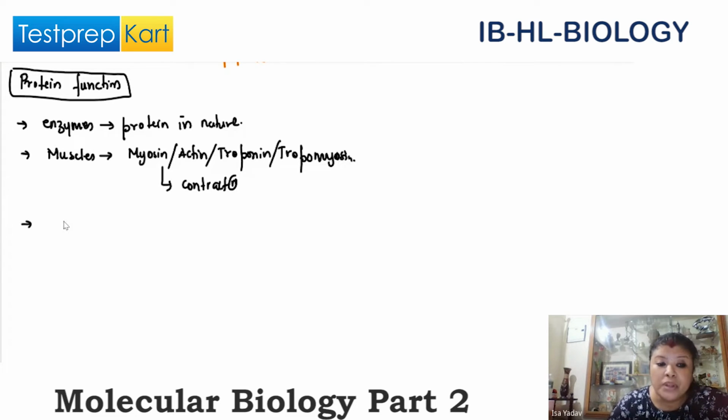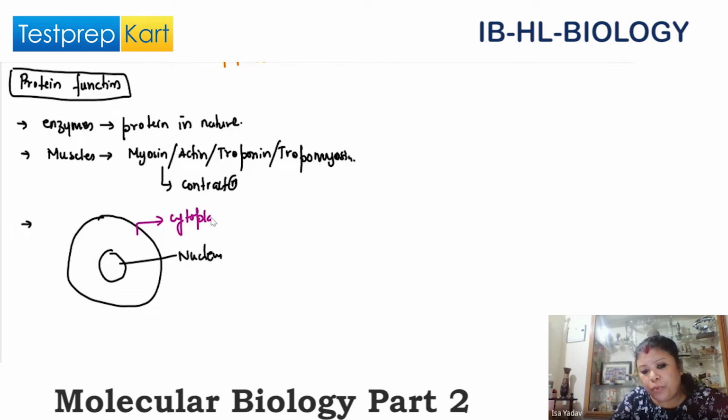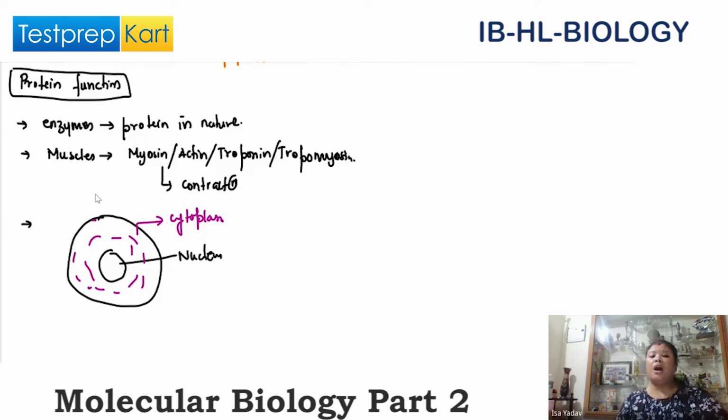Next is the cytoskeleton. If this is our cell, this is our nucleus. Inside the cell we have cytoplasm. The cytoplasm contains a type of supporting skeletal network which is called the cytoskeleton.